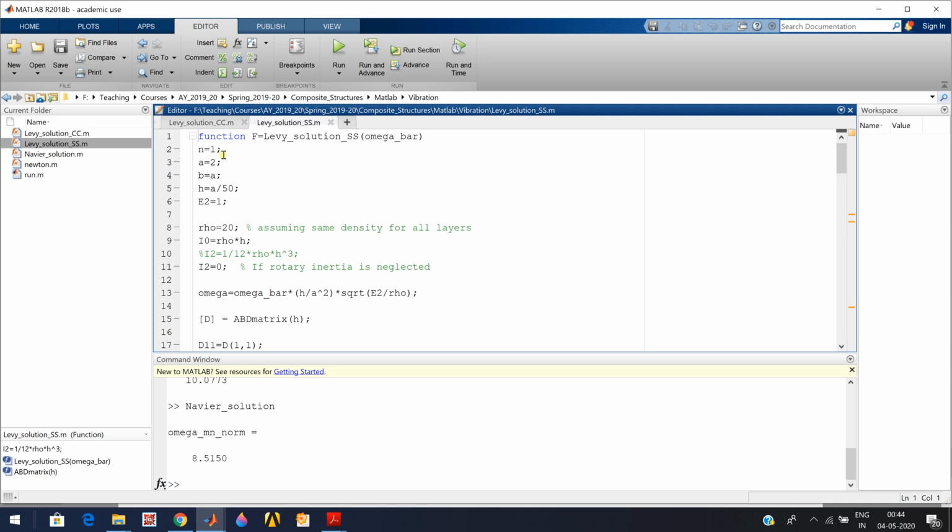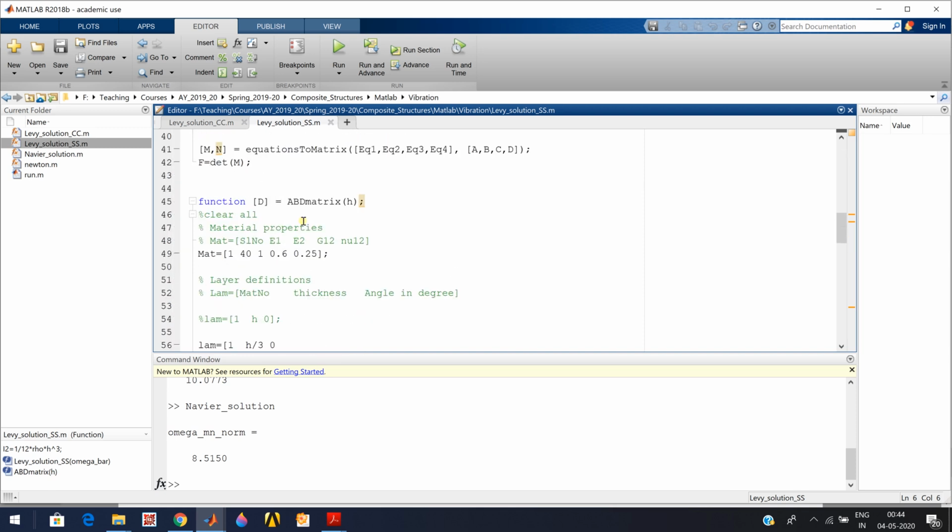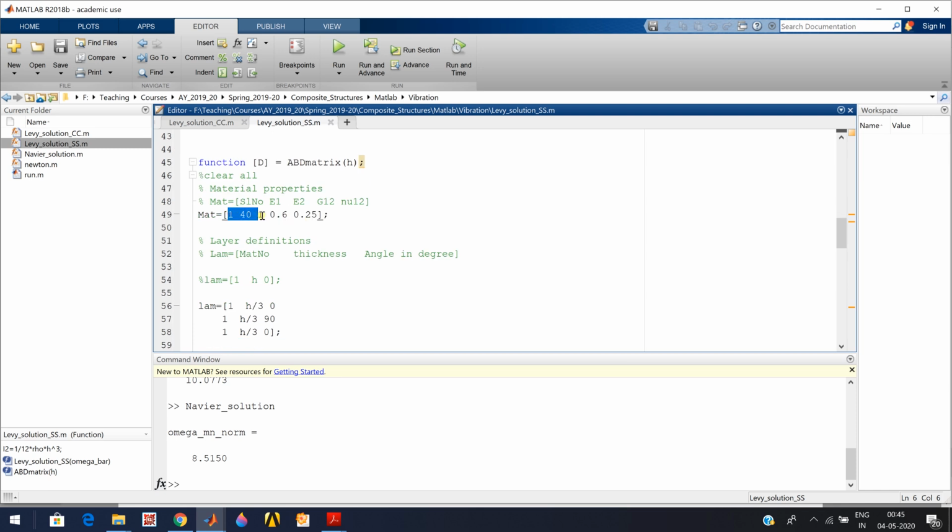Okay, so here we have only n, so that n is taken 1, then a, and for a square plate b is equal to a, then E2 is 1. Anyway you can put some other number, but you cannot put another number here, because in this code I have taken the material properties in this way, so that E2 is already 1.